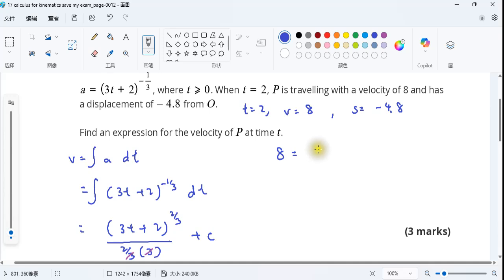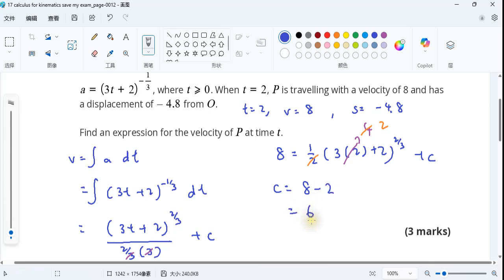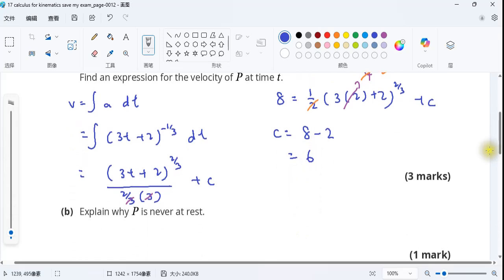So 8 equal to half 3 times 2 plus 2 to the power 2 over 3 plus c. 8 power 2 over 3, if you press calculator, it will become 4. So the c will be 8 minus 2, 6. So we will have v equal to half 3t plus 2 to the power 2 over 3 plus 6.